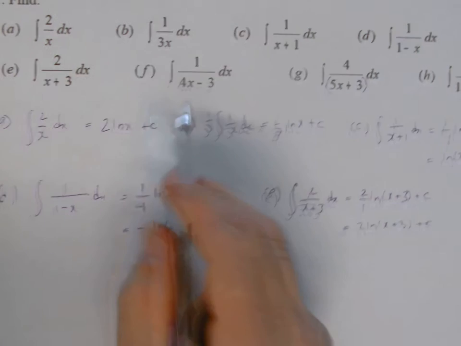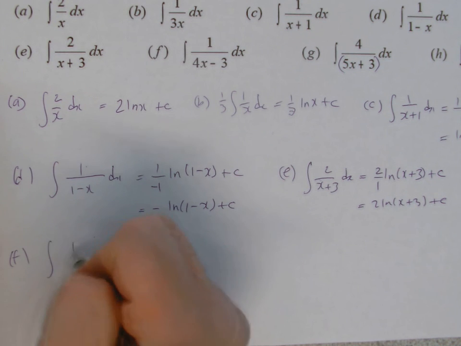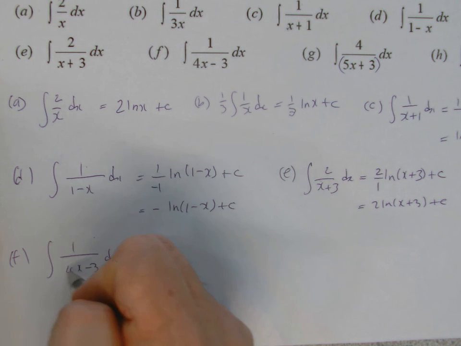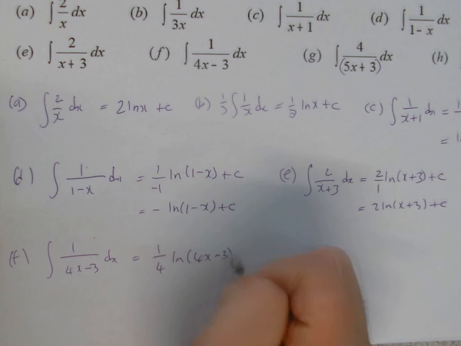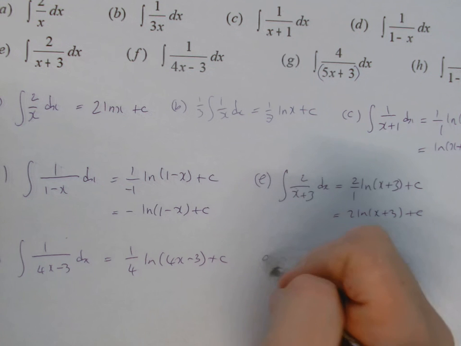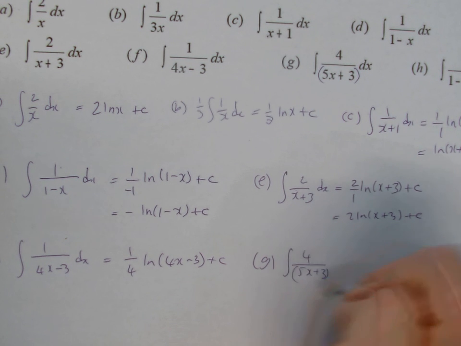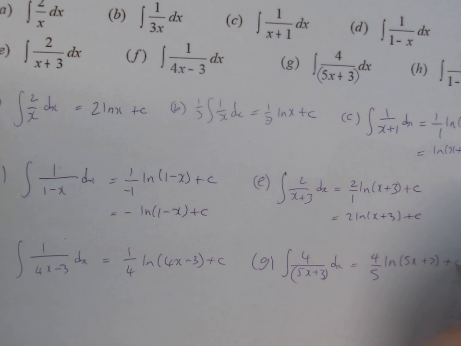Okay. With f then, you've got 1 on the top, and next to the x here you've got a 4. So it'll be 1/4 ln 4x minus 3 plus c. Okay. With g then, you've got 4 on the top, and you've got 5 next to that x, so 4/5 ln 5x plus 3 plus c.